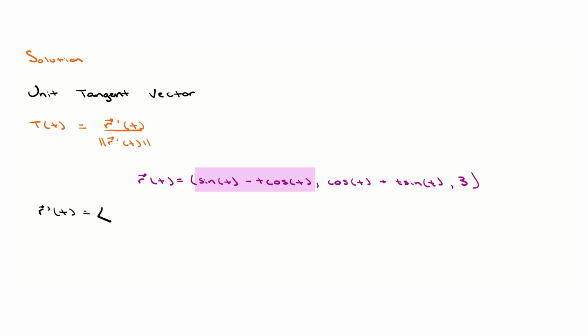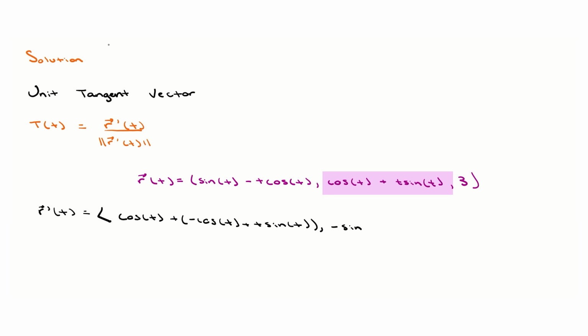First, the derivative of sine of t minus t cosine of t is cosine of t plus negative cosine of t plus t sine of t. And that's that. Now the derivative of cosine of t plus t sine of t is negative sine of t plus sine of t plus t cosine of t.